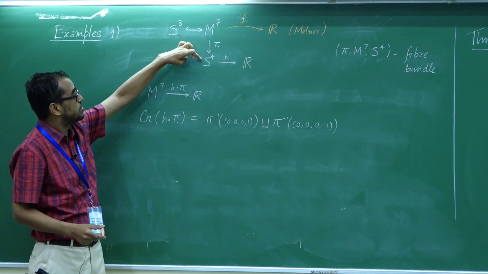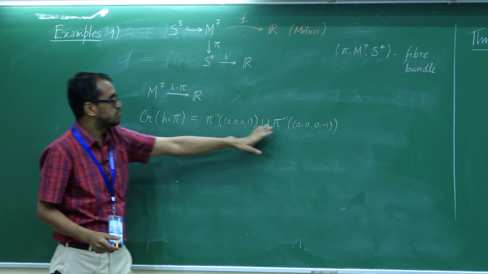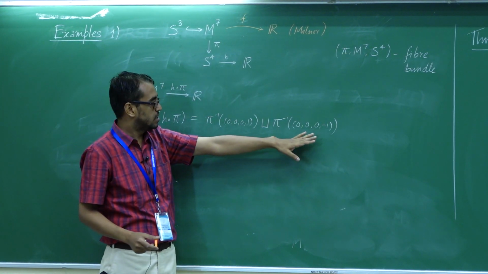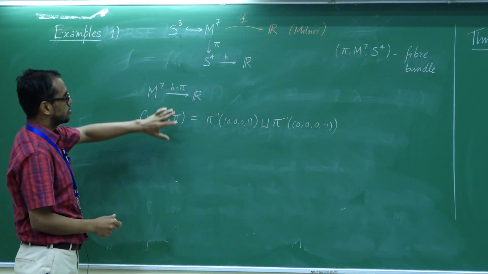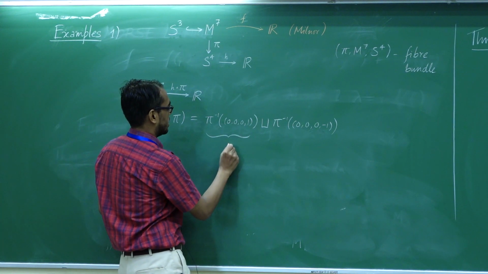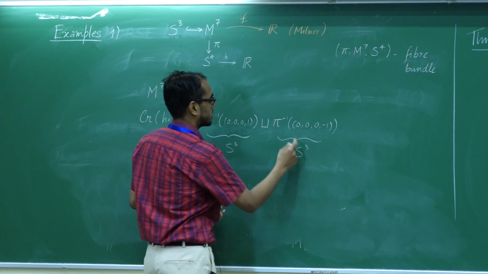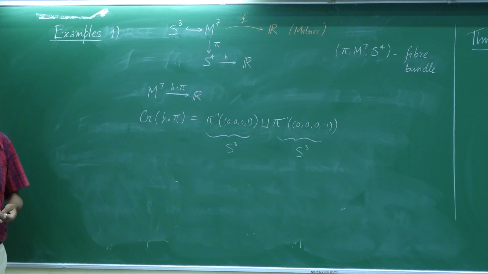One is living over the North Pole, which is one of the critical points of the height function, and the other one is over the South Pole. So this is the South Pole. Anyway, the preimage over the two poles. This is one copy of S3, this is another copy of S3, and clearly they are not isolated.